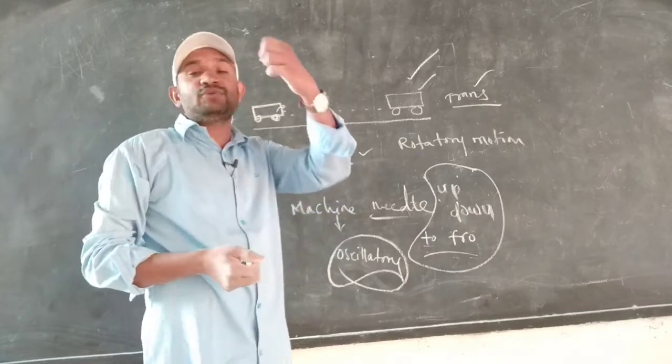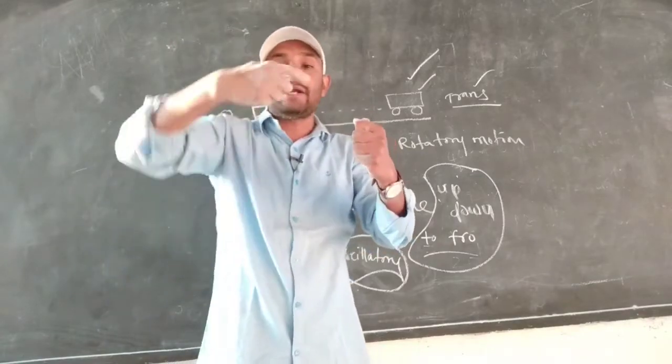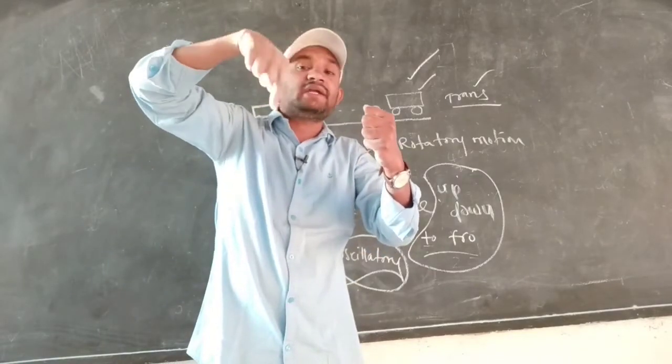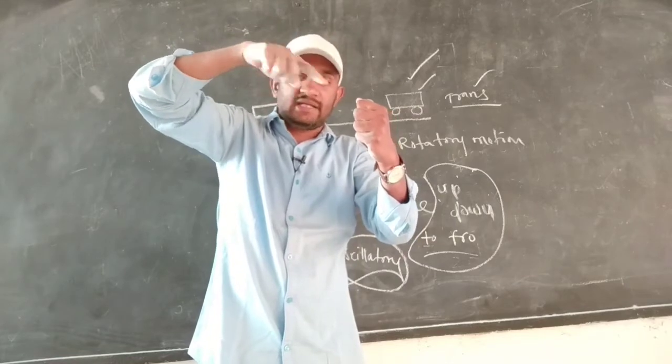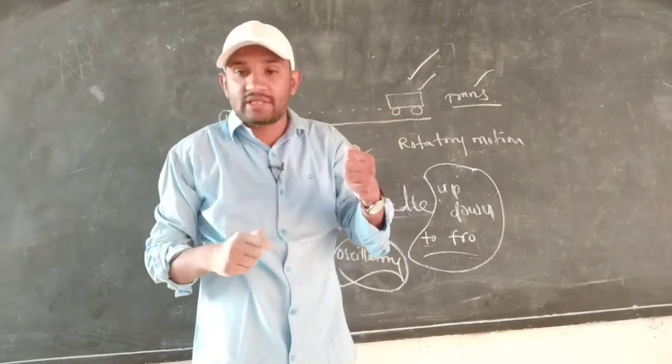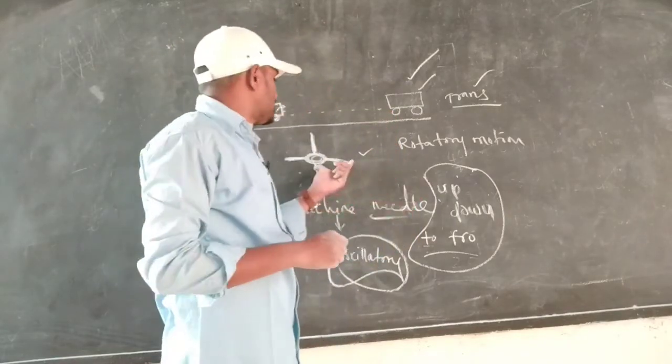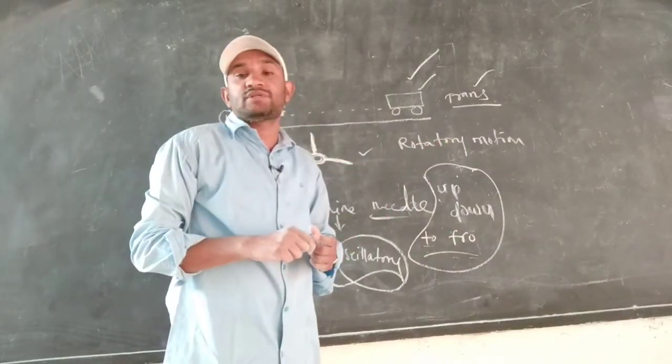Rotatory motion: suppose you take a globe and rotate it. It rotates itself only. That is also an example of rotatory motion.